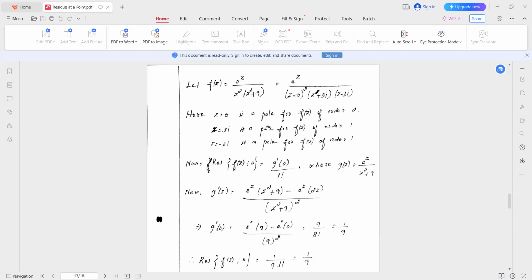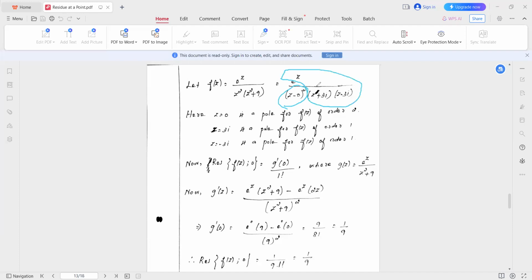Since it is of order 2, we have g dash, one time differentiation. So first we need to find the value of g dash of z. Before that, what is g of z? Leaving z square alone in the denominator, taking all the remaining things as g of z.